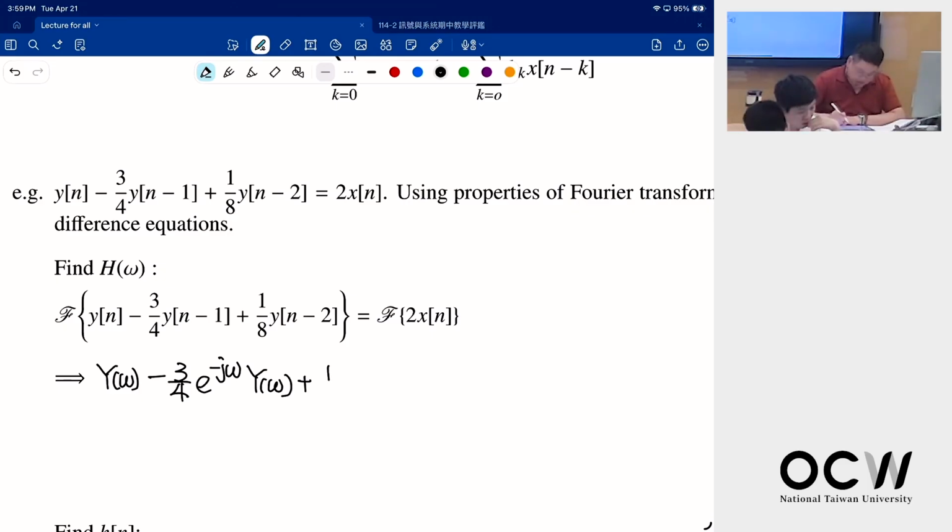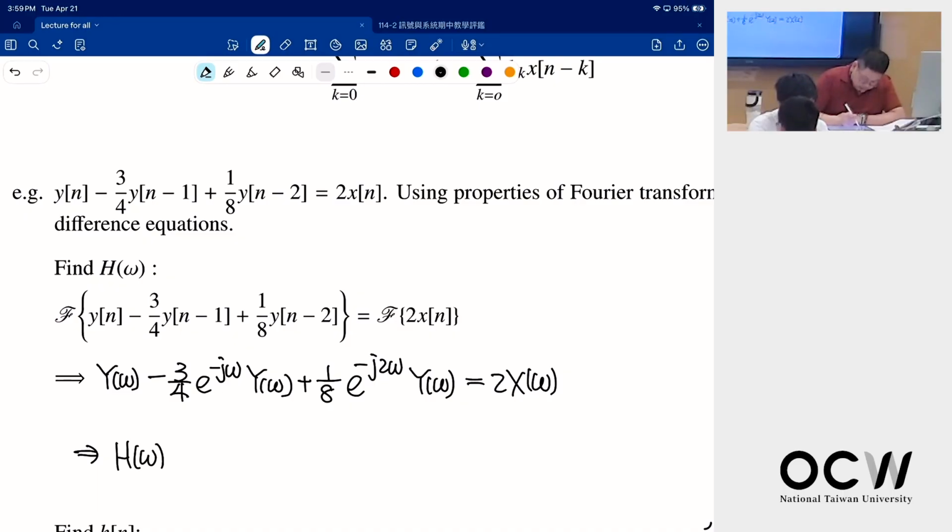Similarly, here I shift by 2. So I have e to the minus j 2 omega. Right hand side, there will be 2 times the Fourier transform of your input. So you get your frequency response. That's the output, the frequency response of the output divided by the frequency response of your input.